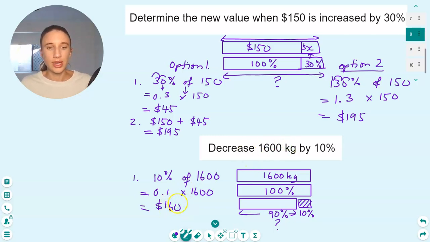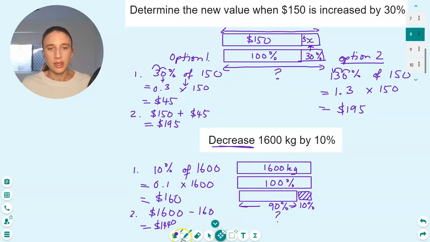So it wouldn't get us to 160. I've got to realize I've got to subtract it because it's decreasing. So I've got to subtract 160 from that. 1600 take 160 is 1440. And so that's option 1.